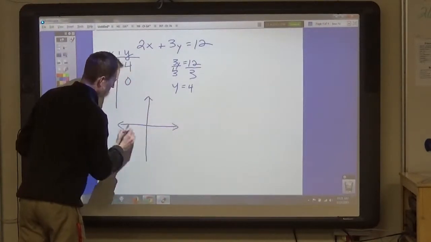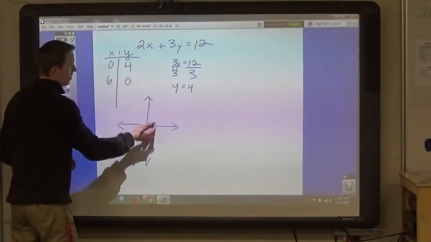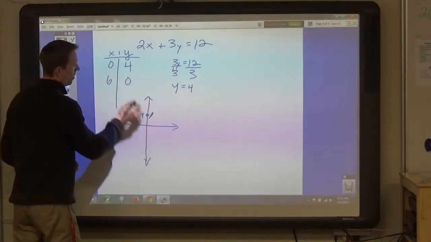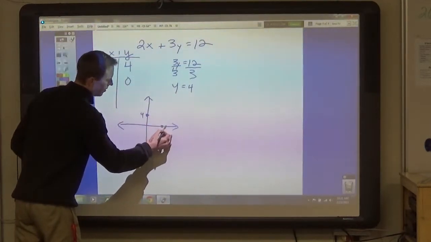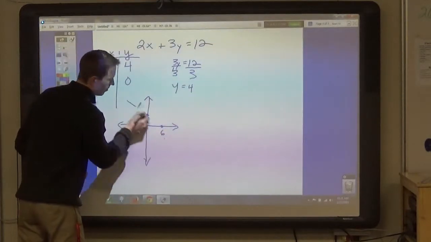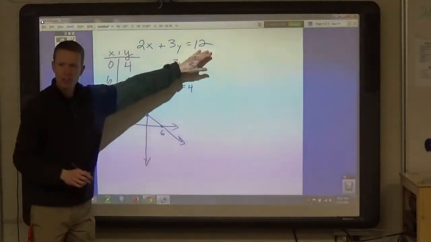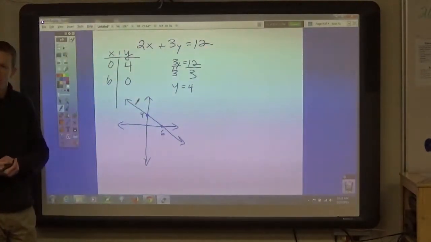Graph it. 0, 4, and 6, 0. See how quickly you can graph this equation using the standard form method?